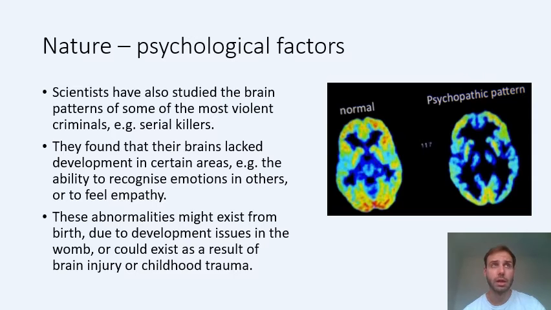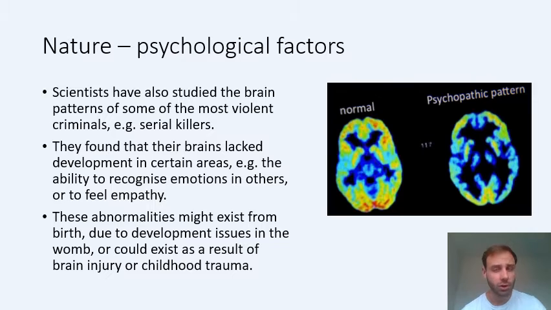So a lot of the time in the most extreme examples of serial killers, they are very commonly people who experienced real traumatic events as a child, which can have real long-lasting effects on their brain and their psychological makeup.